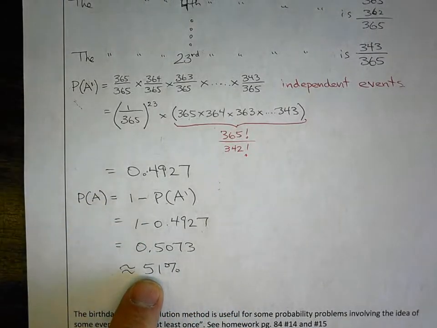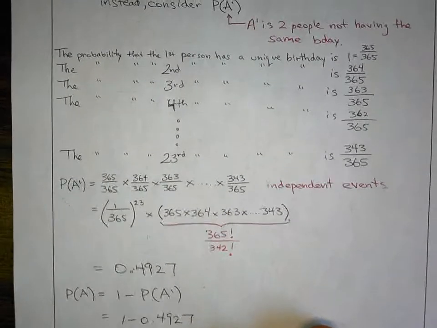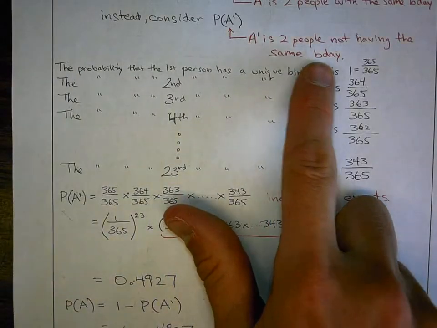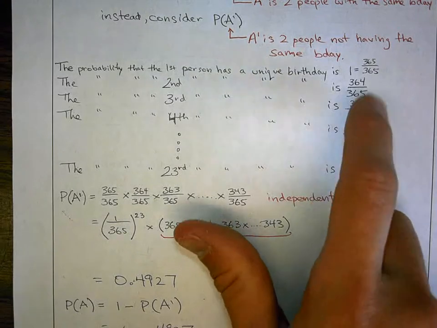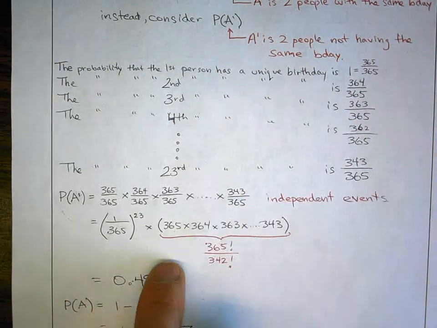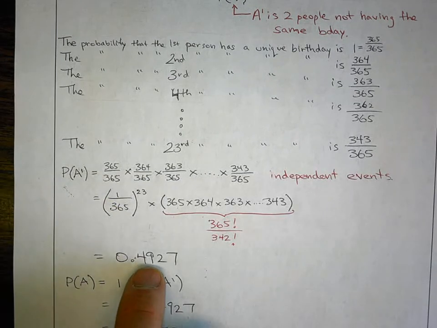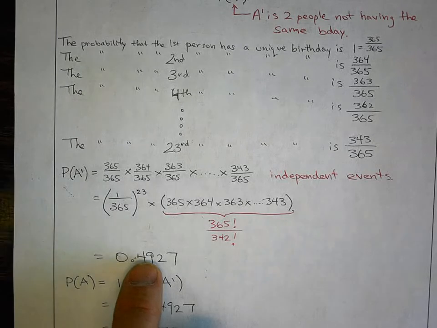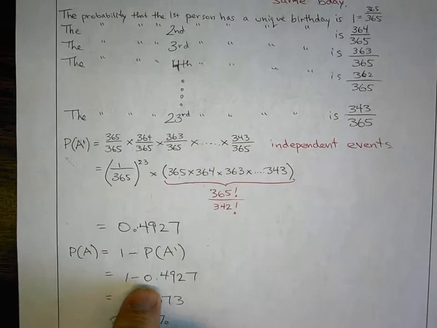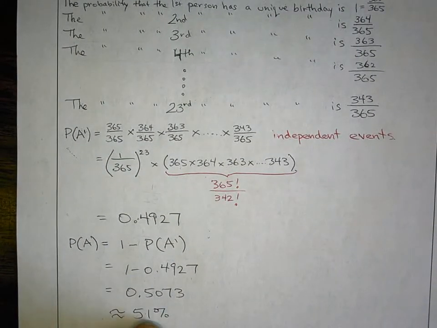The way we found this, if you look at the big picture, is we looked at the probability that everyone has a unique birthday. I multiplied all of these together and found that probability is 49%. So the probability that it's not unique, that there's at least one pair, is 51%.